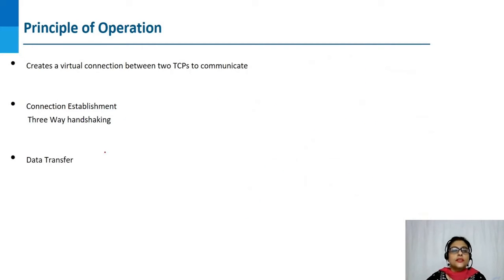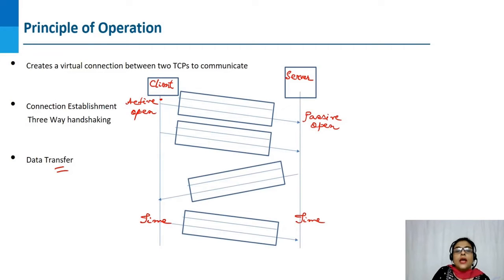Next process is the data transfer process. Let's see how it is done. As before, we have a client side here running one process and a server side running another application process. As before, this is an active open process, and this is a passive open TCP connection.